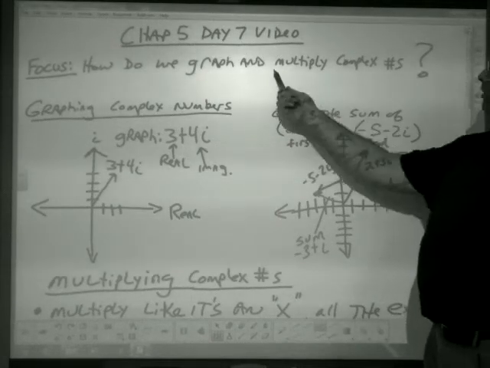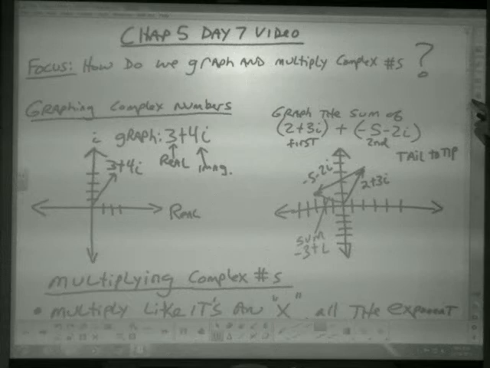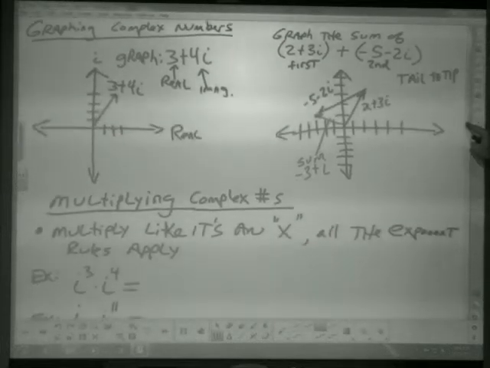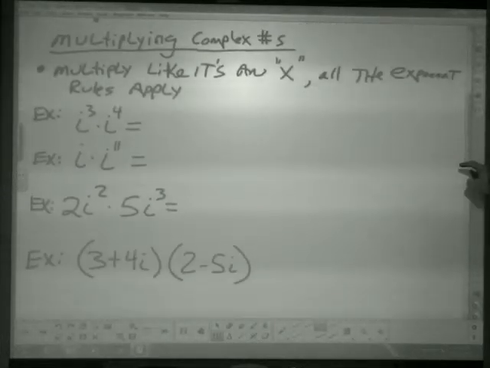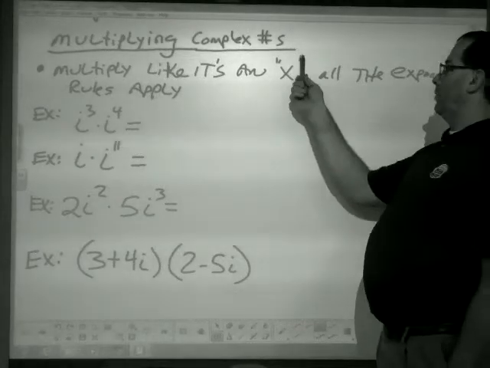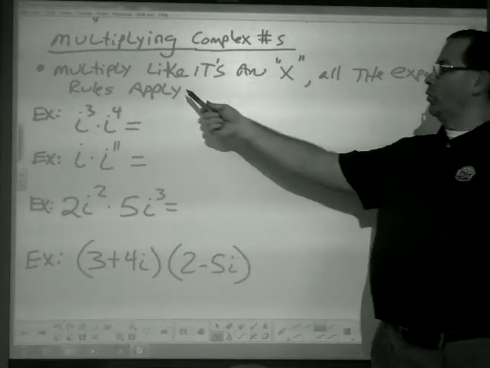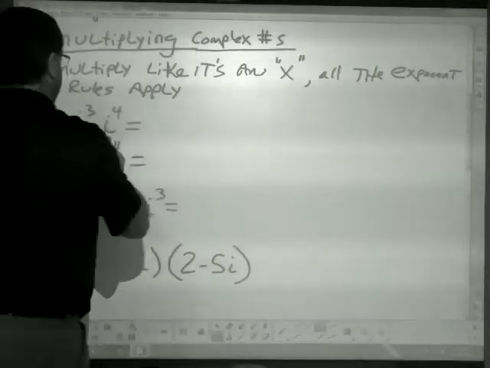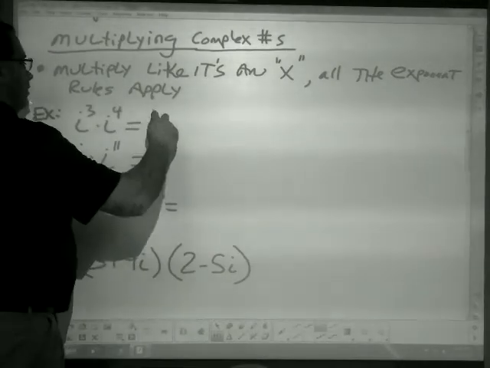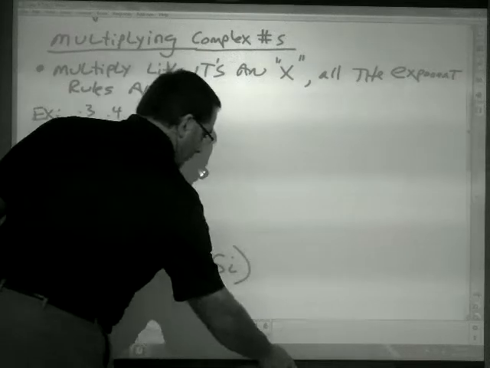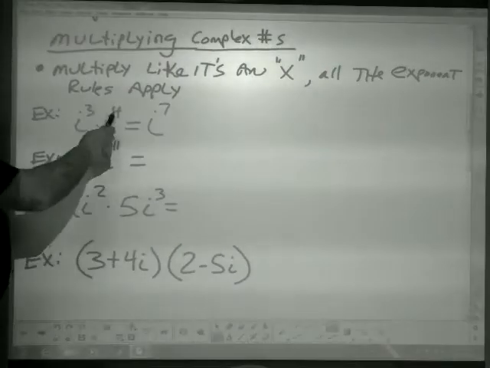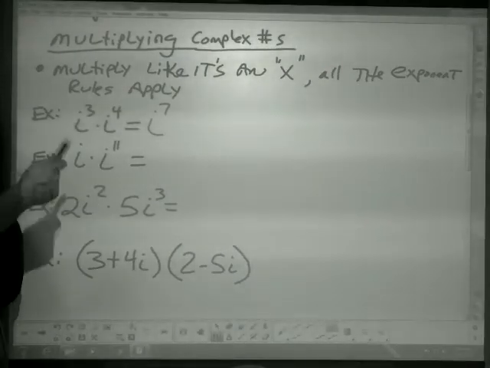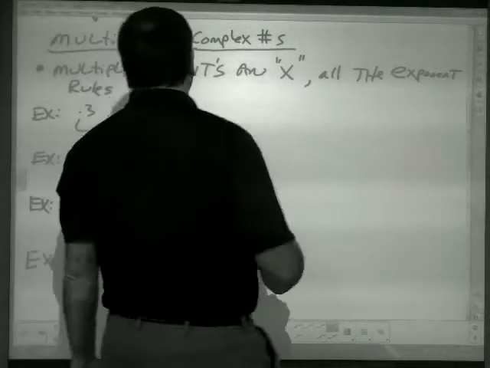Let's take a look at multiplying. This occurs a lot more in our year, all right? So multiplying complex numbers. You multiply like it's a variable. All the exponent rules apply. So i to the third times i to the fourth, i to the seventh. Adding exponents when we multiply. But then you have to simplify.